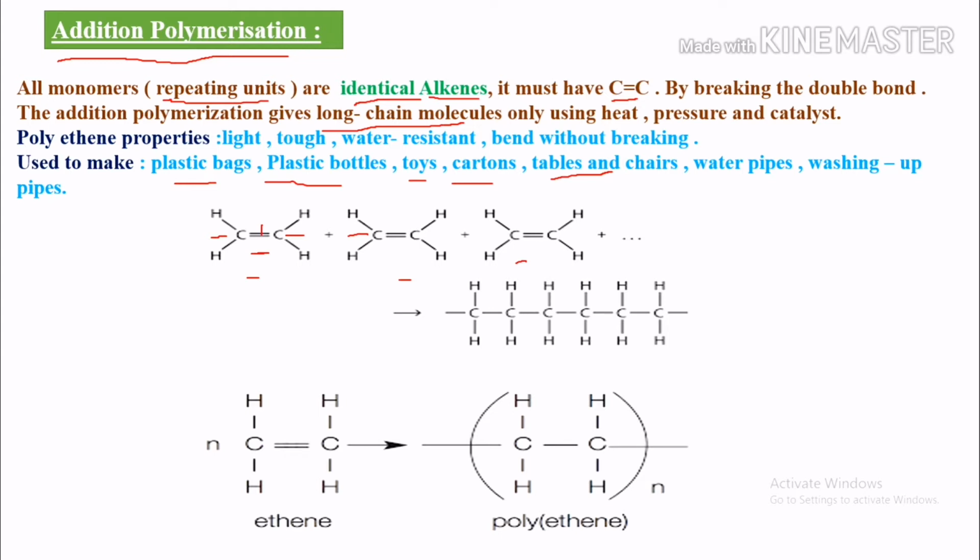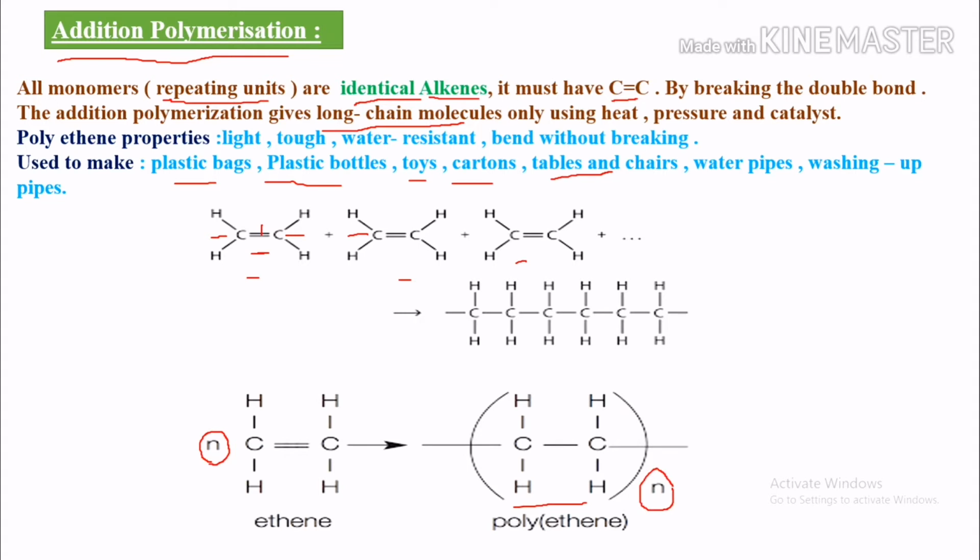The attachment of new monomers together by single covalent bonds will form the new polymer. So we can draw it by repeating 3 units of monomers to form the new polymer. Or we can start with n number of monomers to form polyethylene with repeating unit n number.